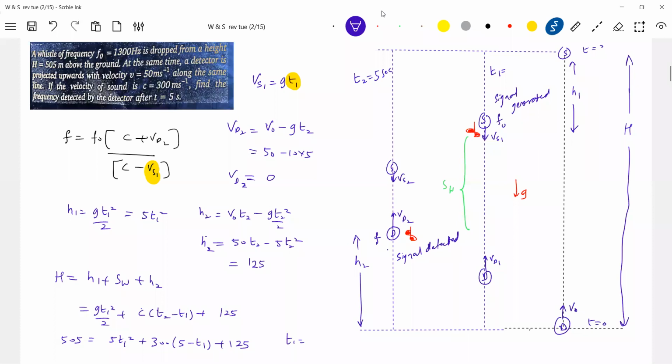Once we get T1, anybody? T1? There's a mechanism. In Doppler effect, you just have to be alert. Take help of kinematics, nothing big. It can be mixed with any other concept.